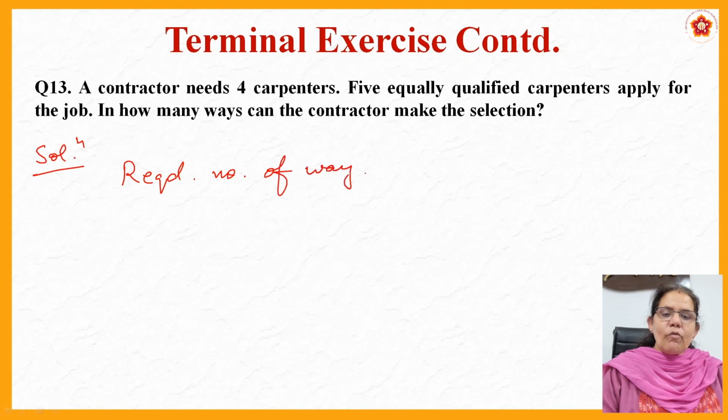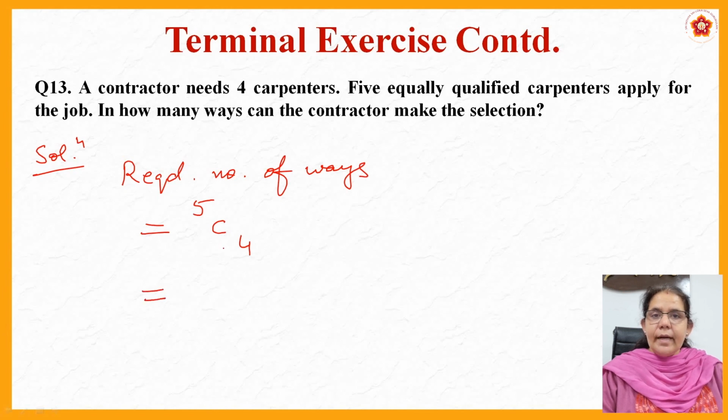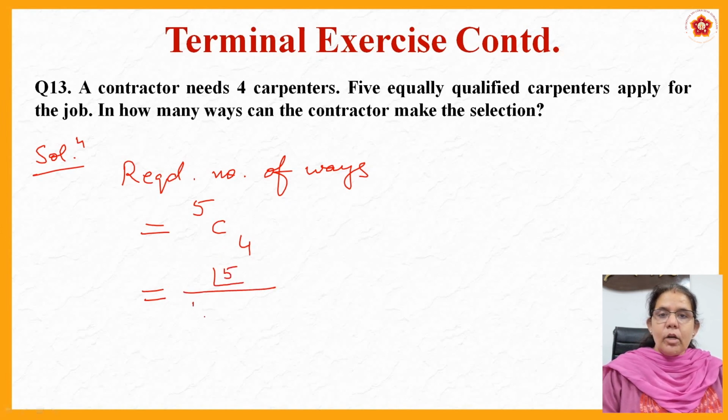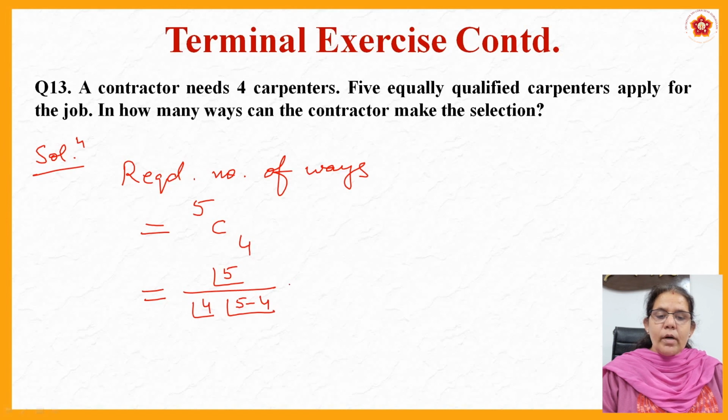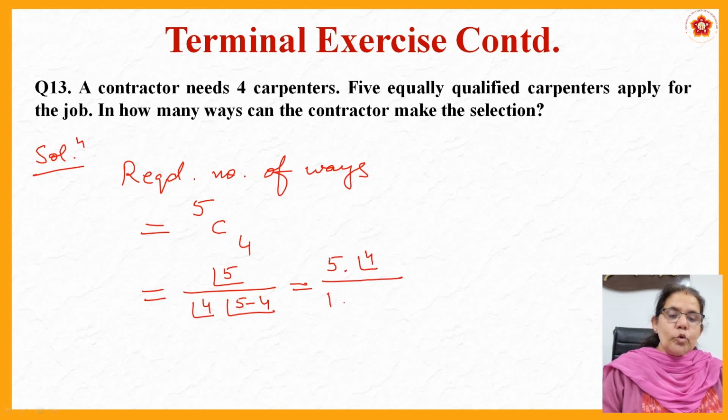So required number of ways will be 5C4. It is choosing 4 out of given 5 people. Now solve it. What is 5C4? It is factorial 5 divided by factorial 4, and this will be factorial 5 minus 4. Solve it and see what answer do you get.